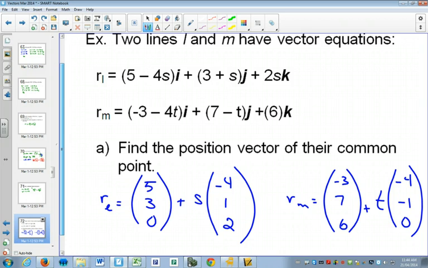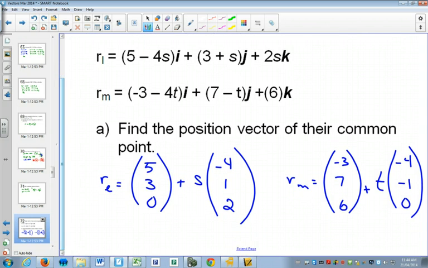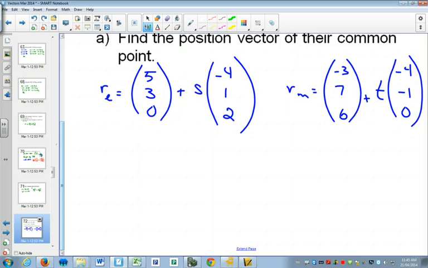Does it make sense that if they do cross in a point, their x-coordinate is going to be the same, the y-coordinate is going to be the same, and the z-coordinate is going to be the same? So if we think about our parametric equations for both of these, this one's x-coordinate is 5 minus 4s, while this one's x-coordinate is -3 minus 4t.